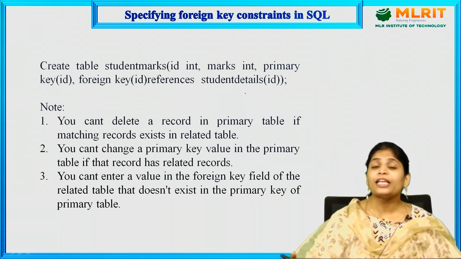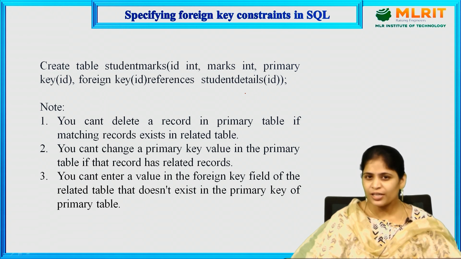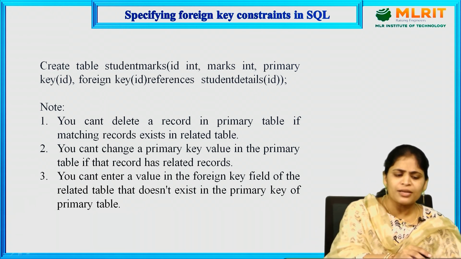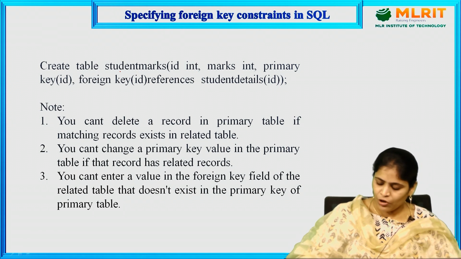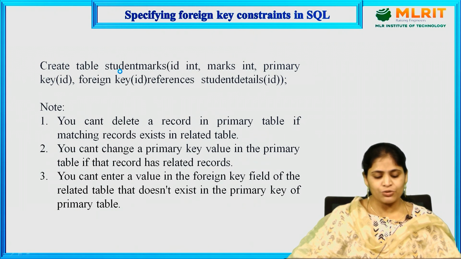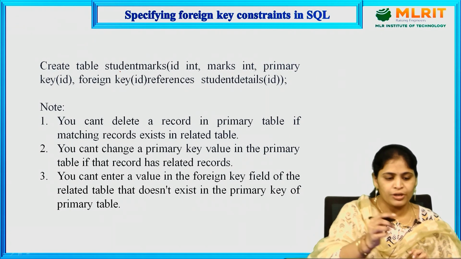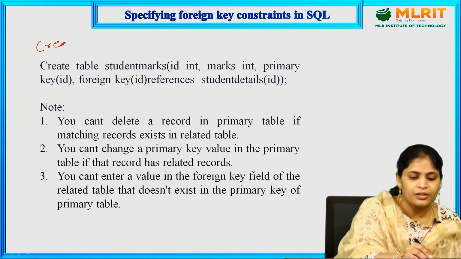So, how can we represent this foreign key constraint in SQL? Just like we represented a primary key, in the same manner, we use create table. For example, let us create the student details table, which has ID, name and course.